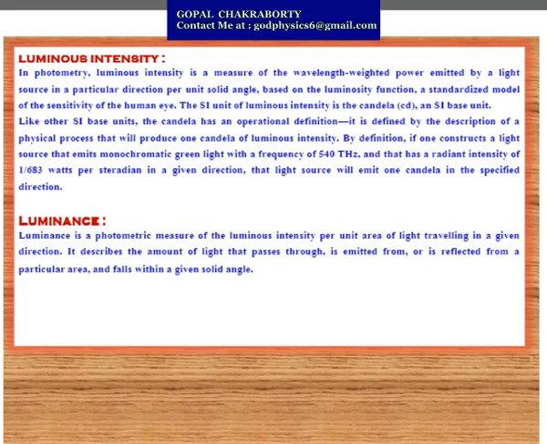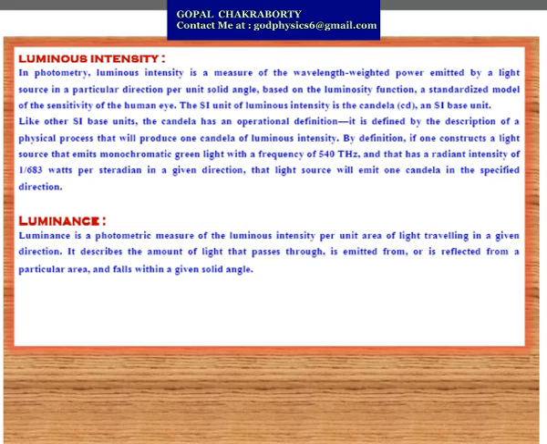The SI unit of luminous intensity is the candela, and like other SI base units, the candela has an operational definition. It is defined by the description of a physical process that will produce 1 candela of luminous intensity.